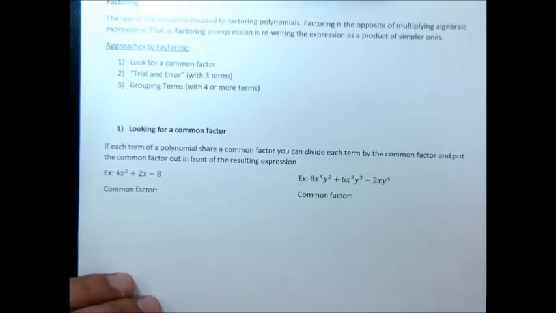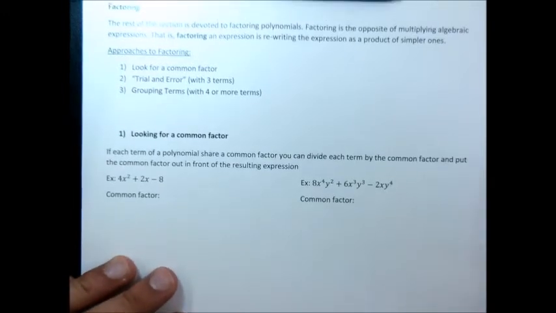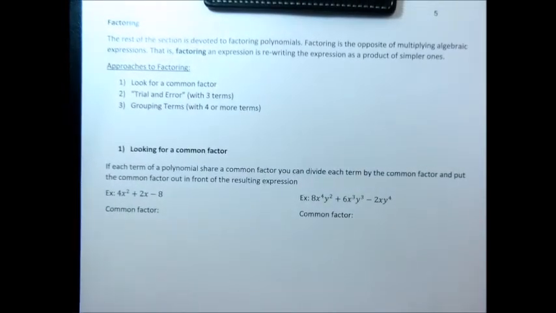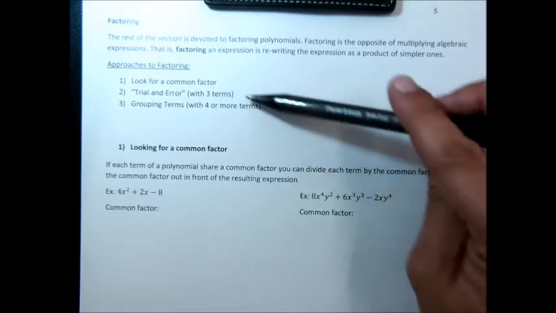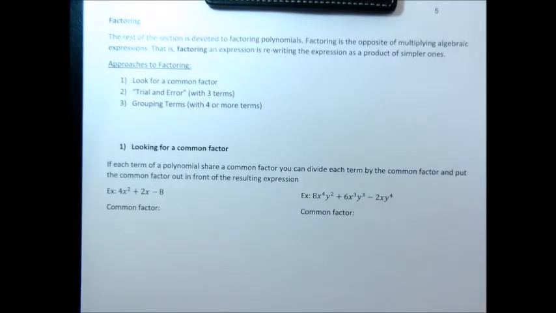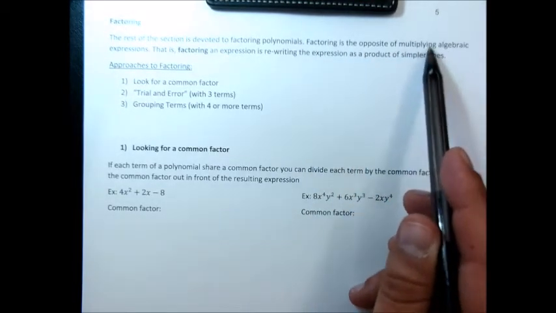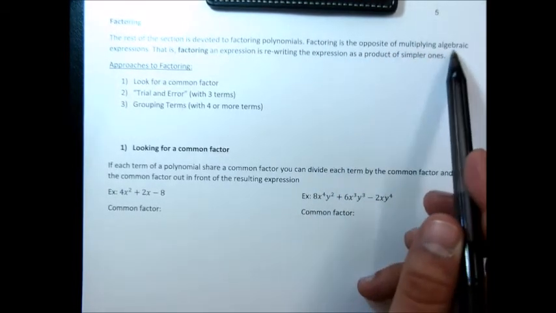Okay. This is going to be a very quick review of factoring. And so what we're going to talk about on this page and the next page are 3 different ways of factoring, specifically factoring polynomials. Factoring is the opposite of multiplying algebraic expressions, right?